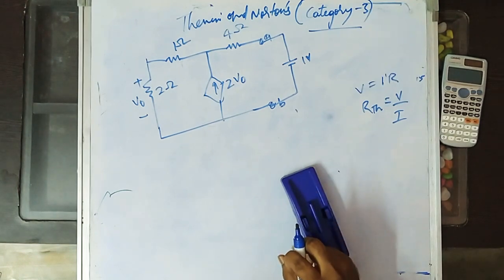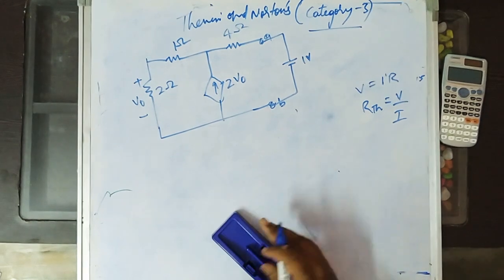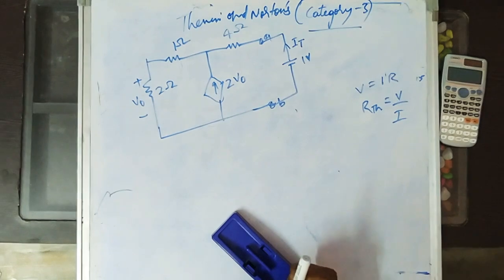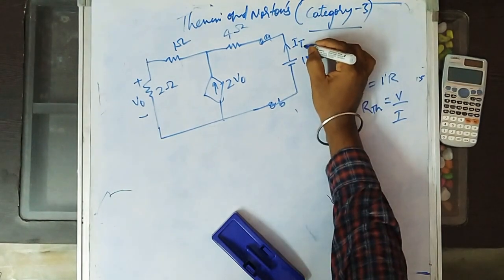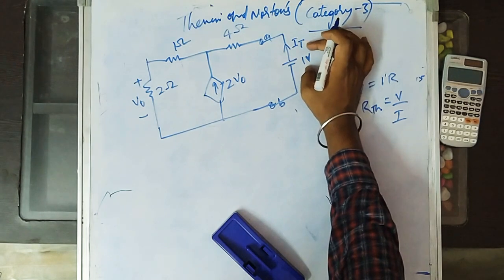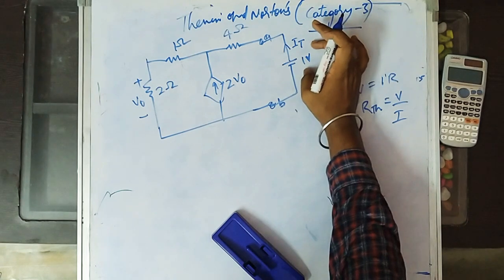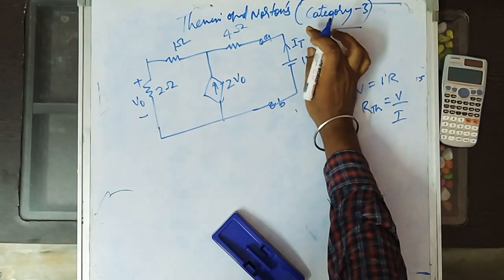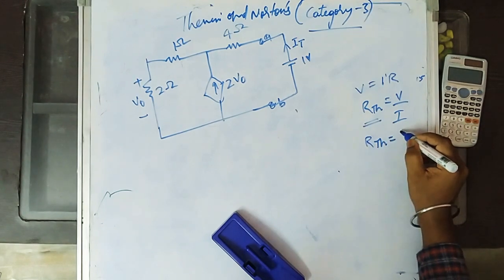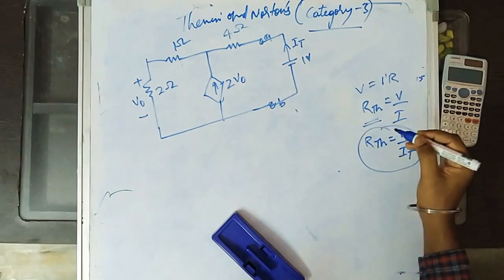Instead of 1 volt, you can apply 10, 20 or 30 volts, as you wish. We'll find the current response, IT, the test current. If you give 1 volt and find the test current, then R Thevenin equals 1 volt divided by I test.